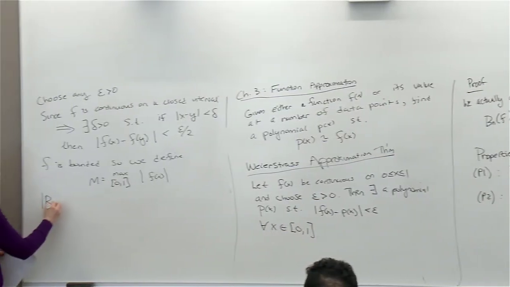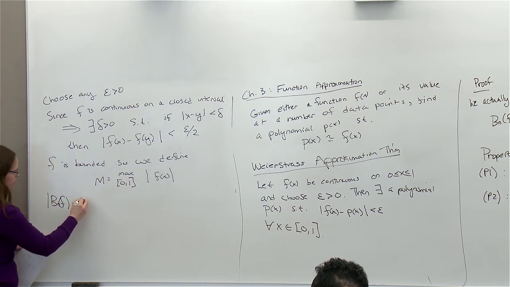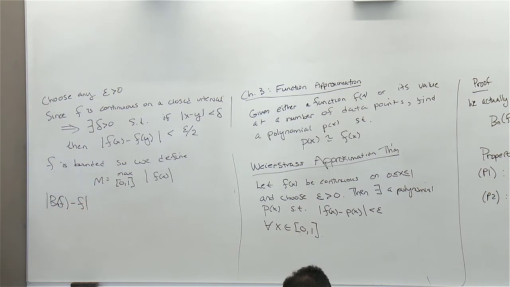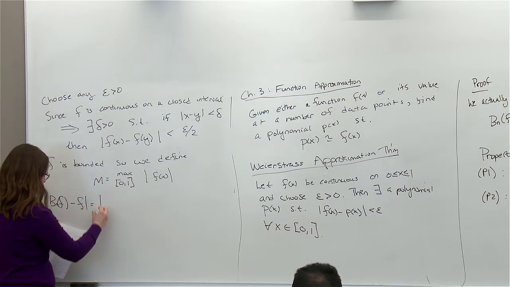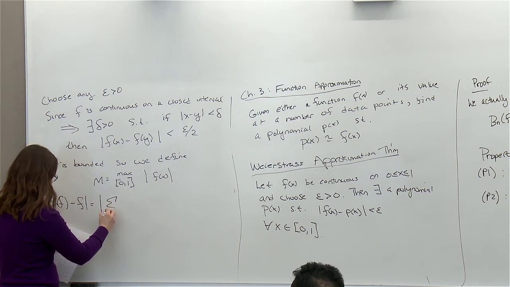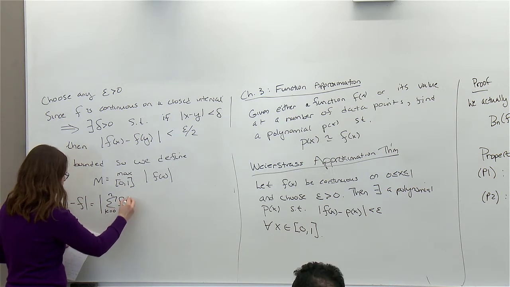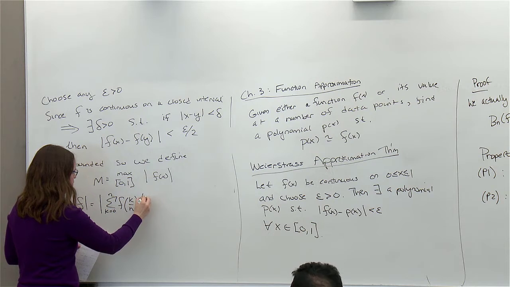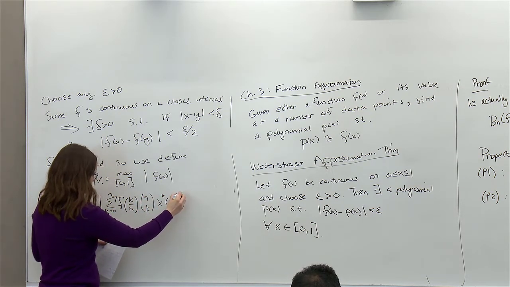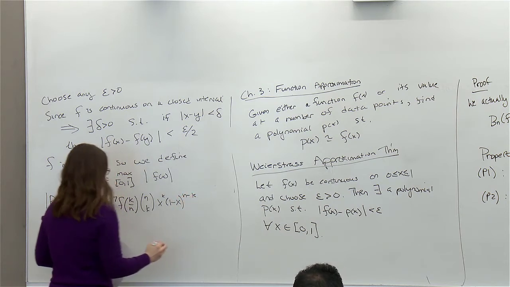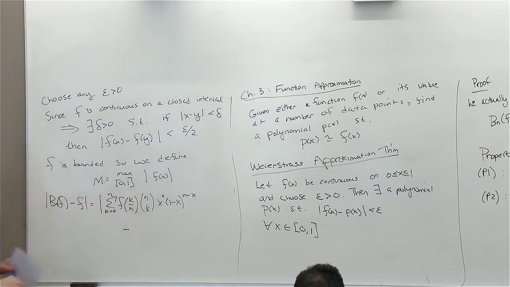So let's look at the difference between my polynomial and my function. My polynomial I can write down, and then I need to subtract off f of x.